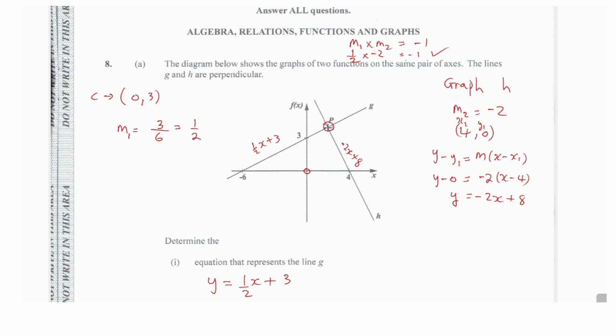So if we equate these two, we can find the value of x, and then we can find the value of y as well. So we need to get this value of x here, and also the y value here. So we need to solve these two equations by equating them.